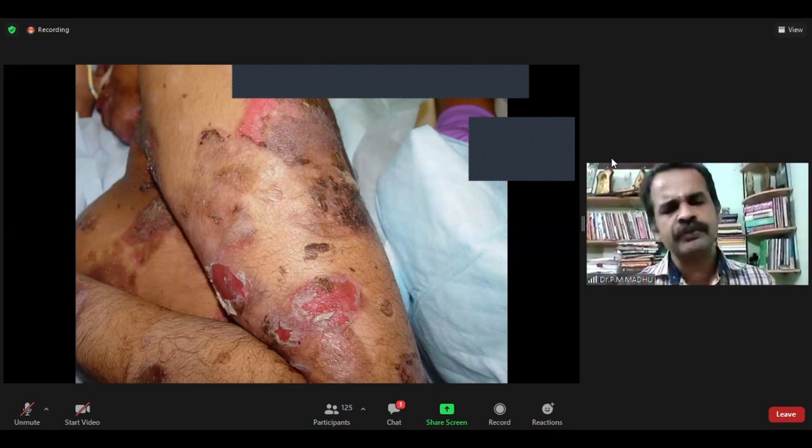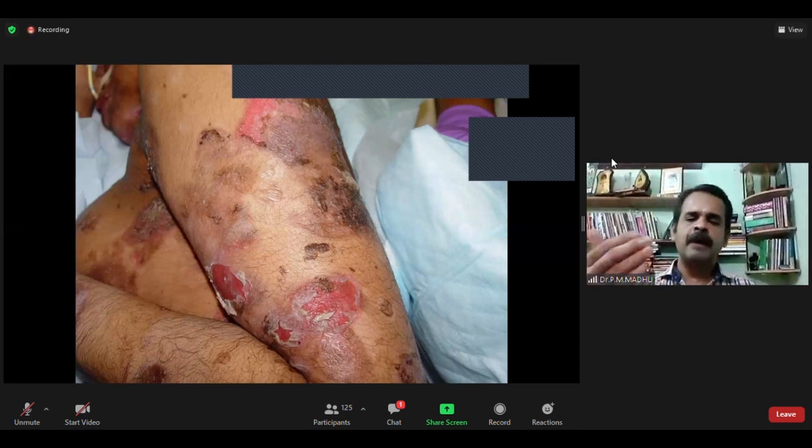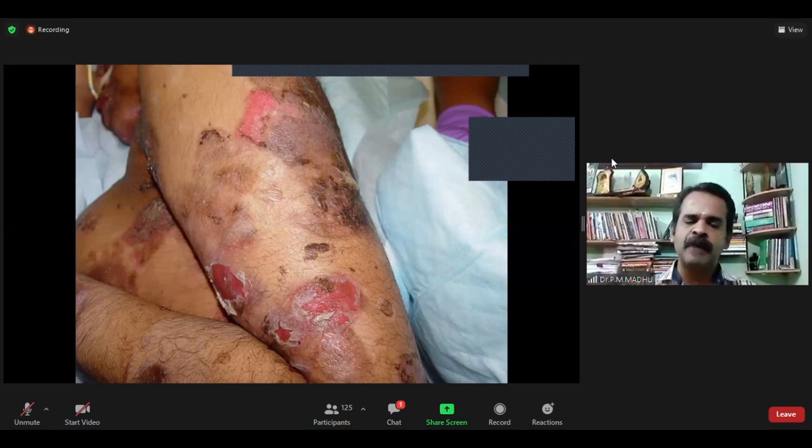In these cases, Sama Pitta or Sama Kapha will be there, Sama Vata may be there. So to deal with these cases, we give pachana drugs initially, Shadanga Kashaya or dhatulina amapachana drugs, for 2 or 3 weeks.